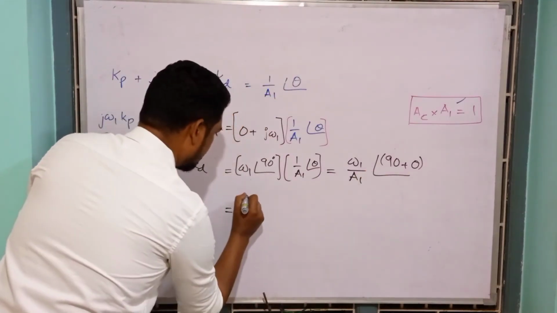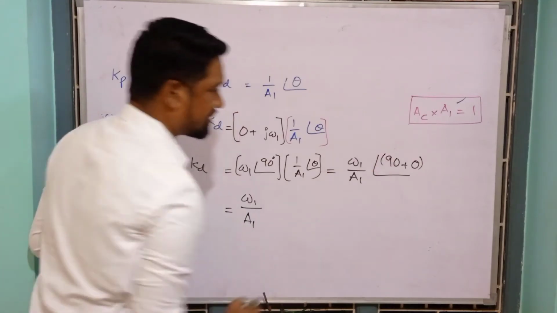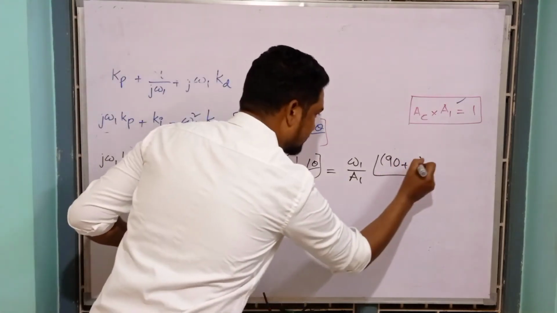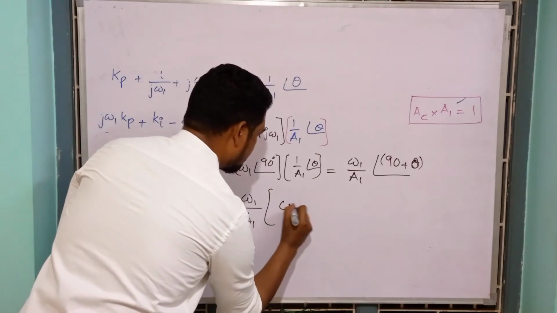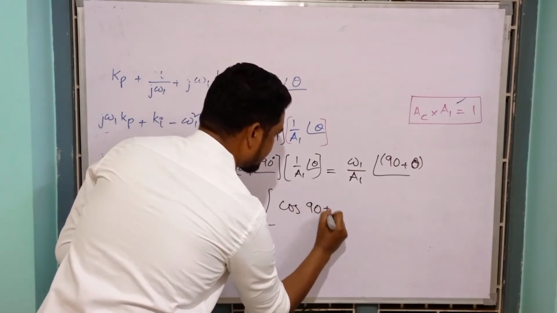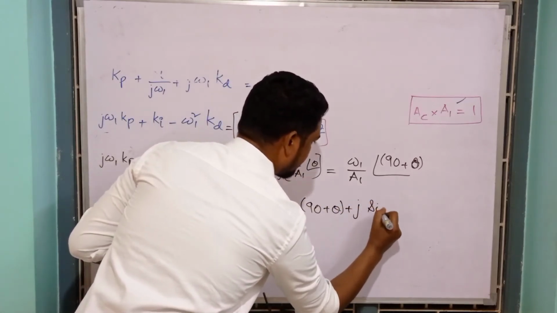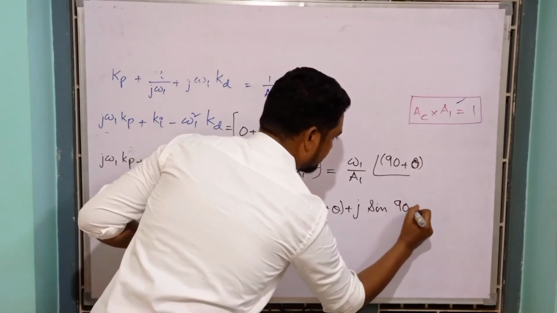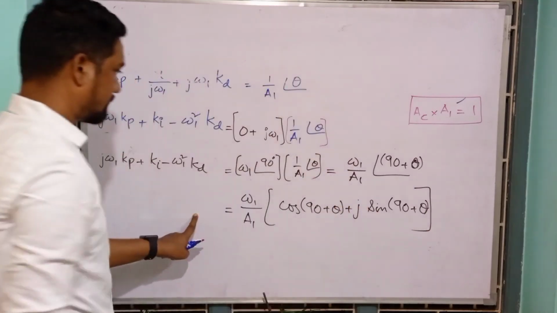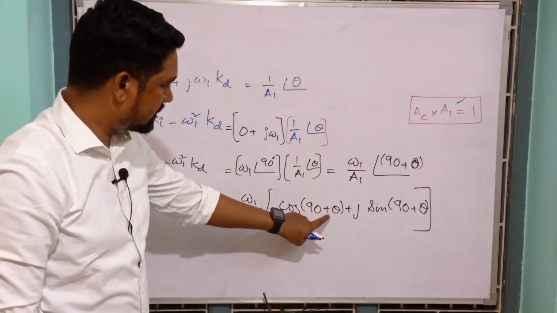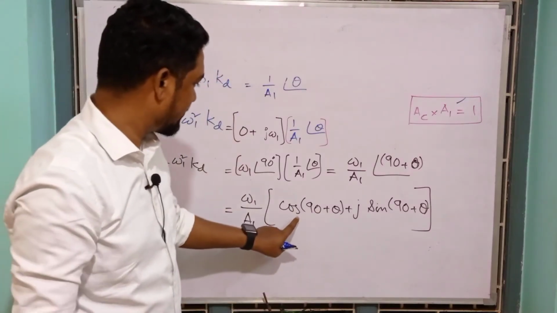Omega 1 by A1 as it is, and this 90 plus theta could be written as cos of 90 plus theta plus j sine of 90 plus theta. Guys, how can that be written? So from here, a small explanation for that.